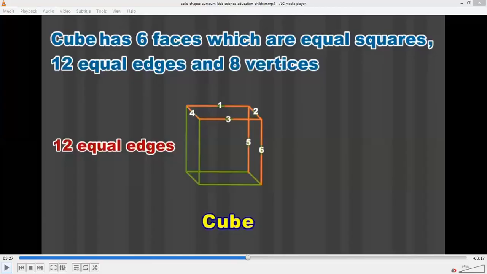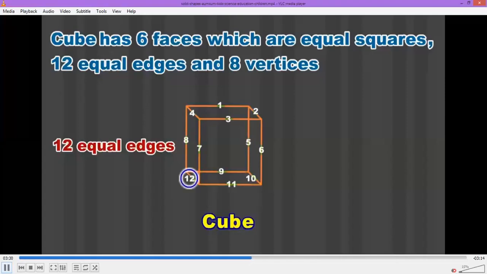Look here. You can find the edges of the cube here. 1, 2, 3, 4, 5, 6, 7, 8, 9, 10, 11, and 12. So there are 12 edges in the cube. And if we talk about the vertices, how many vertices are there?